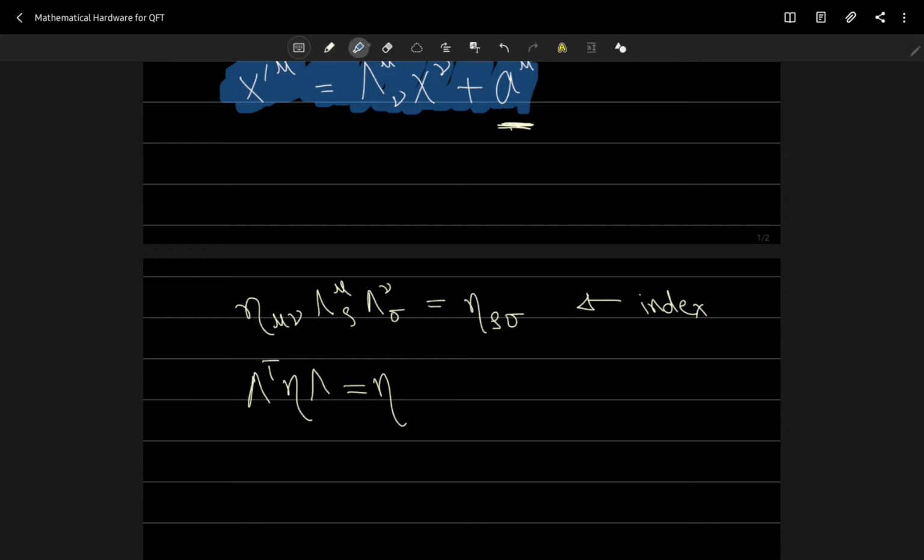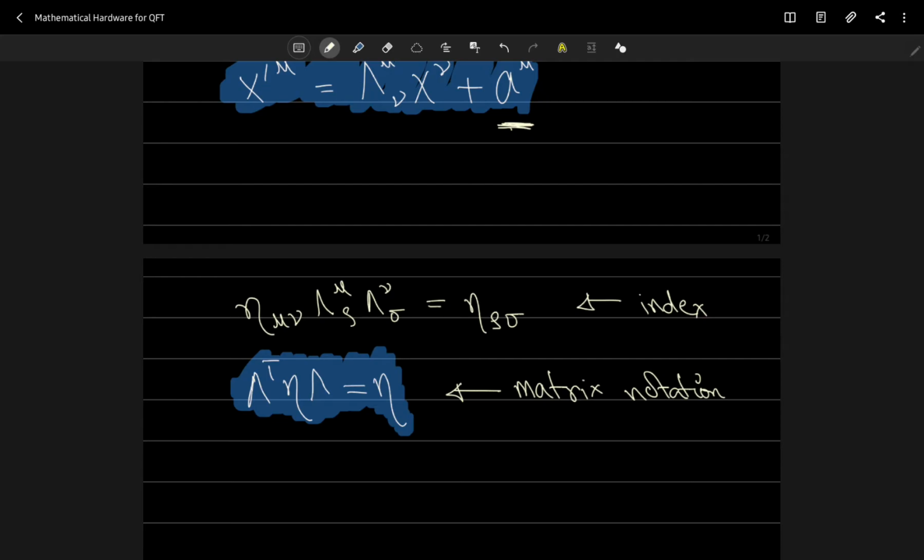Now this condition, if you have watched my video on symmetry and transformations in the general relativity series, I have shown you where this condition actually comes from. This is the condition written in the matrix notation.